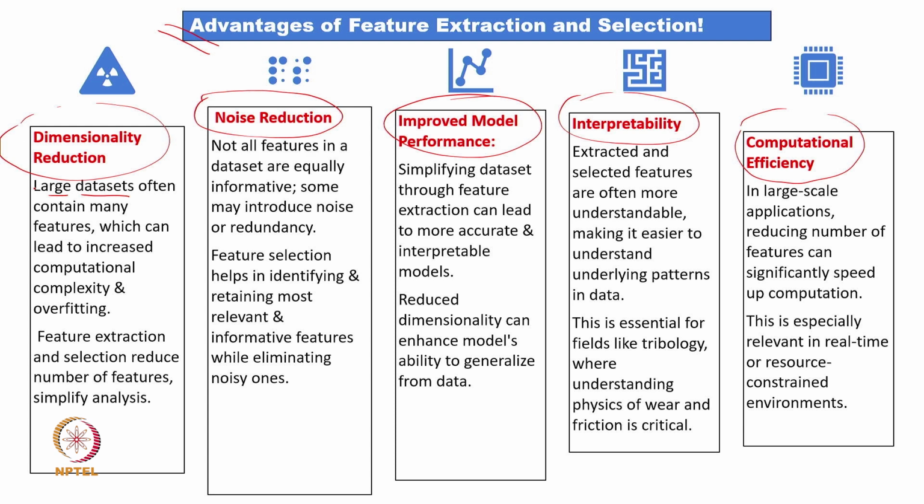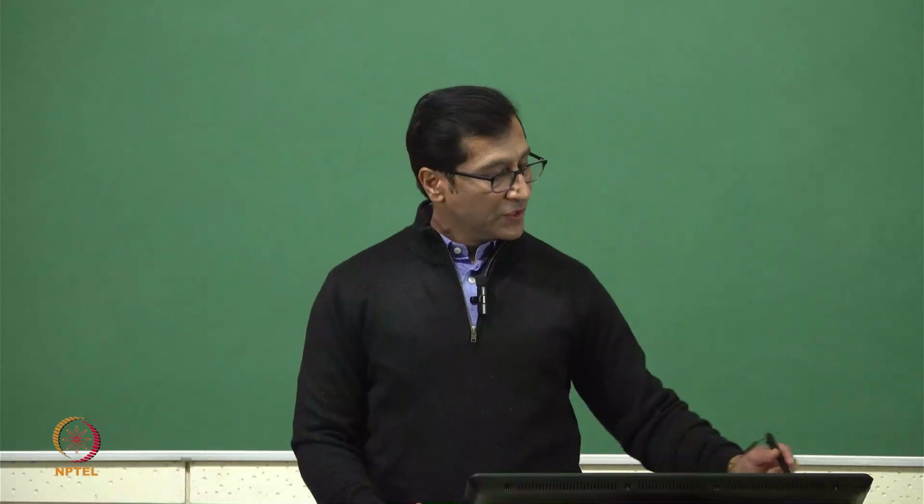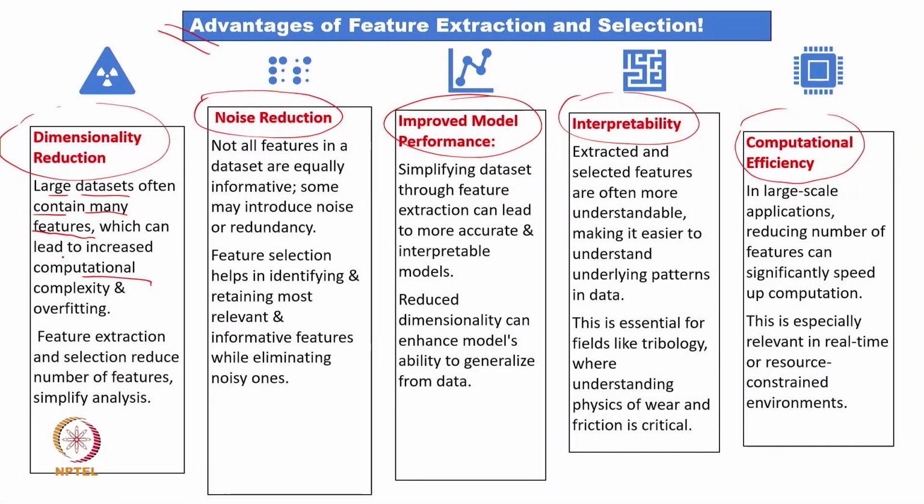We have a lot of publications, a lot of books, a lot of data sets available, and if we are able to utilize this feature extraction technique, we will be able to really extract the relevant features which are important for our application. We don't want all 50 features, we don't want all 100 features. So that will really reduce the computational complexities, and then it will simplify our analysis also.